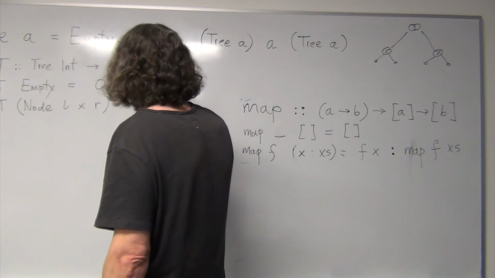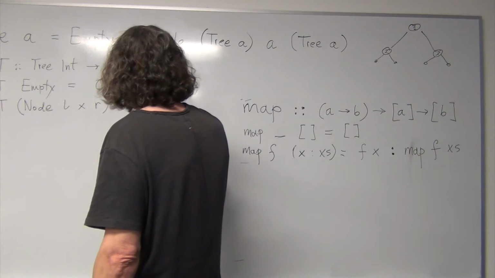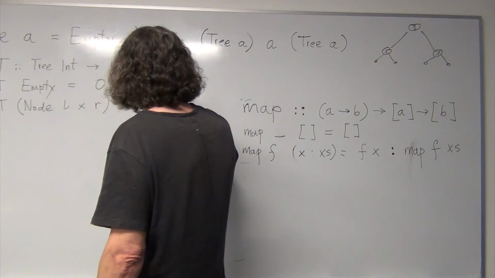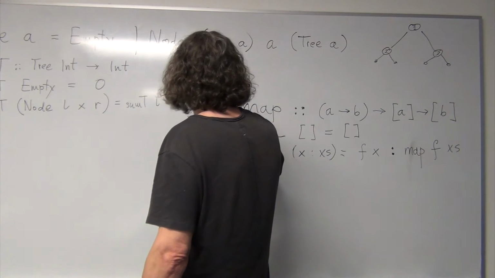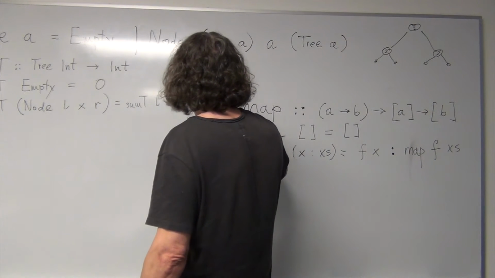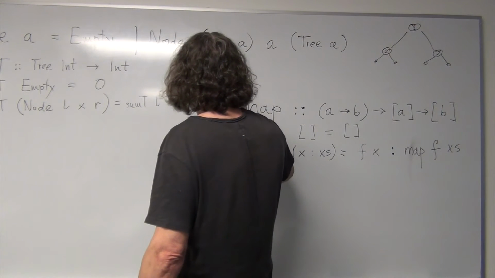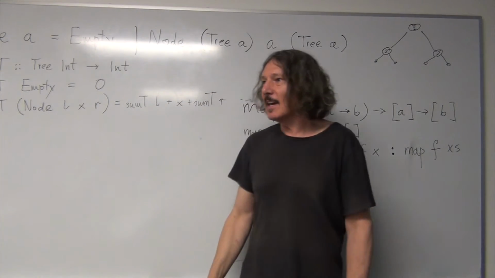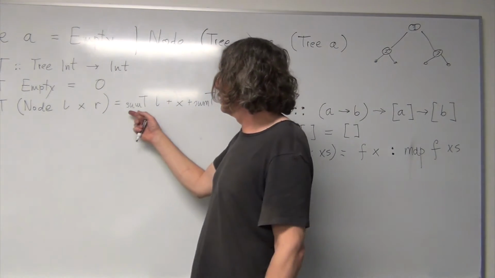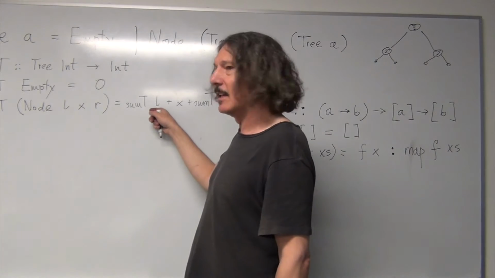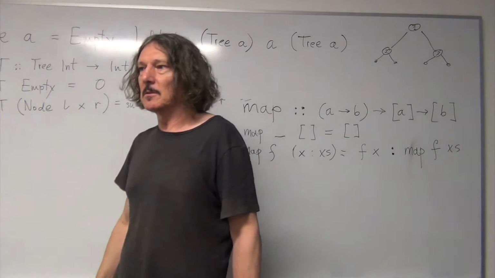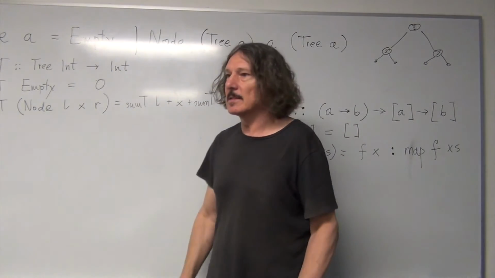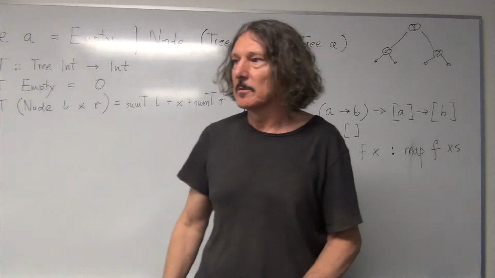So sum t of L plus x plus sum t of R. So again, it's recursive. I have to calculate the sum of the left subtree, the sum of the right subtree, and the value in the node. So it's very simple.